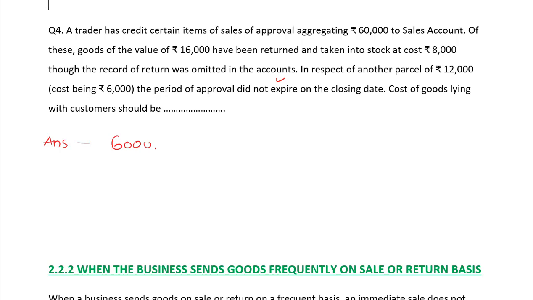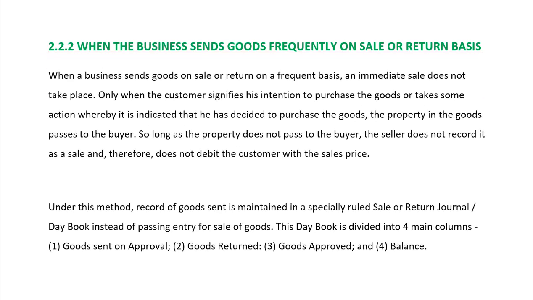So these were goods sent casually. We have learned. Now another aspect, when the business sends goods frequently on sale or return basis. When a business sends goods on sale or return basis on a frequent basis, an immediate sale does not take place.